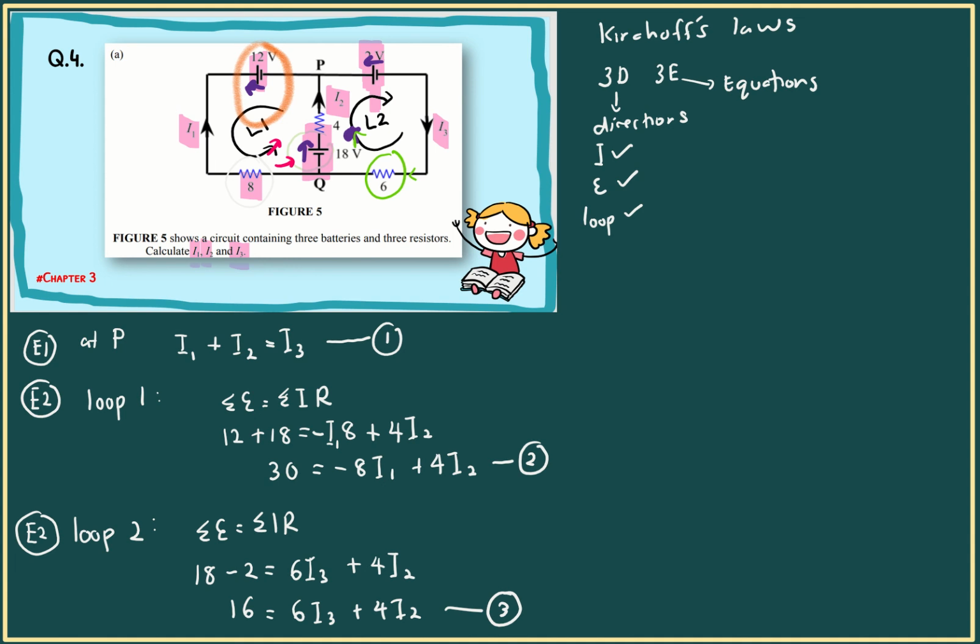Now what we do is rearrange our equations so that we can have a nice arrangement of I1, I2, and I3, so that it can help you to press your calculator easily.